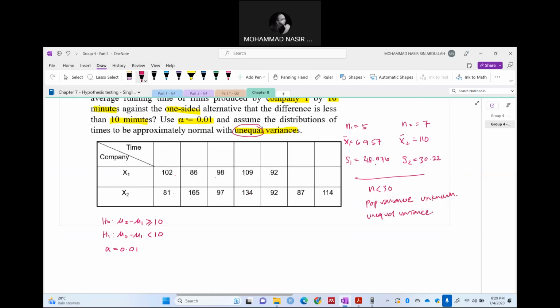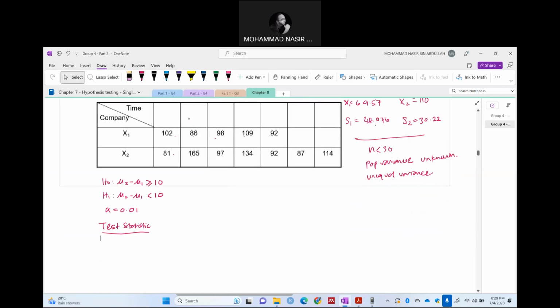So we're going to use t distribution with calculated degree of freedom. So t is equal to x bar 1 minus x bar 2 minus mu1 minus mu2 divided by the square root of S1 squared over N1 plus S2 squared over N2.